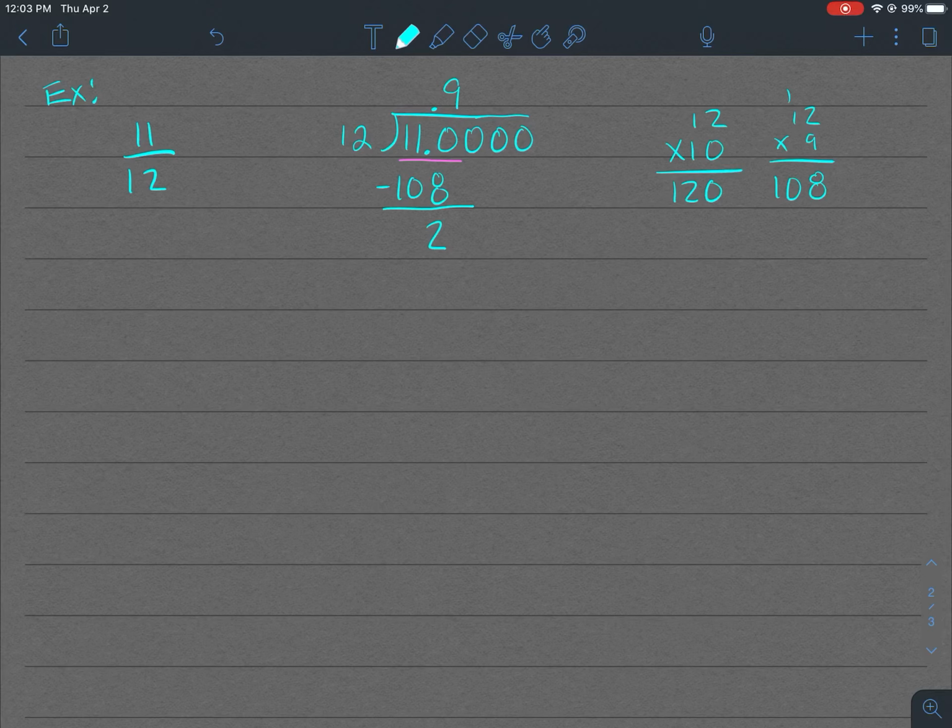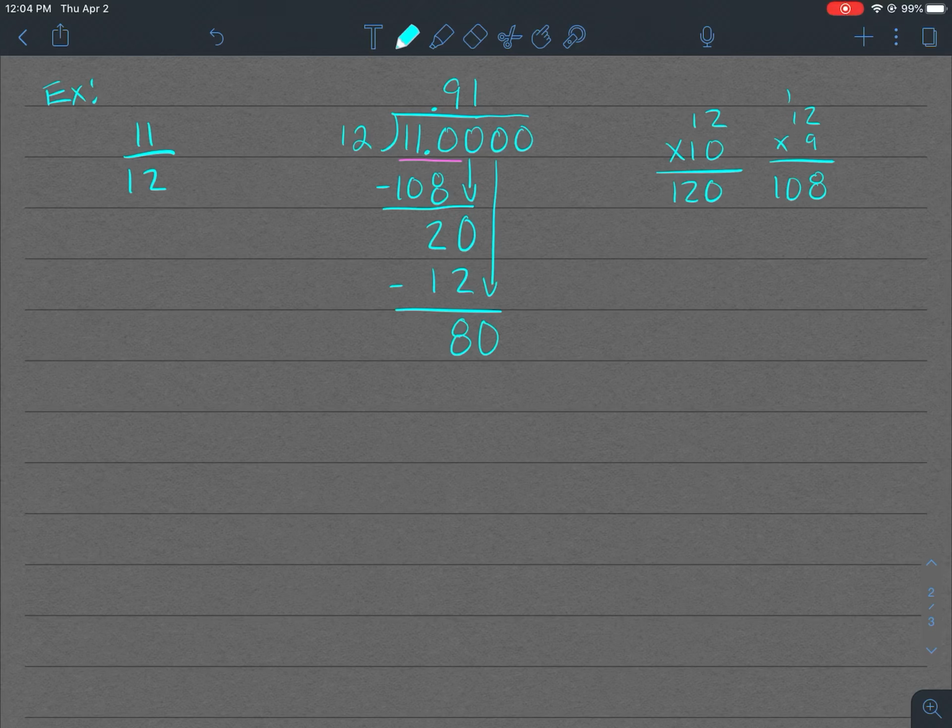Now, can 12 go into 2? No. So we got to drop down another 0. Can 12 go into 20? Yes. Total of 1 time. Because if I did it twice, I'd get to 24. And that would bust. So I have to stay below it. And what do I get? I get 20 take away 12, which is 8.